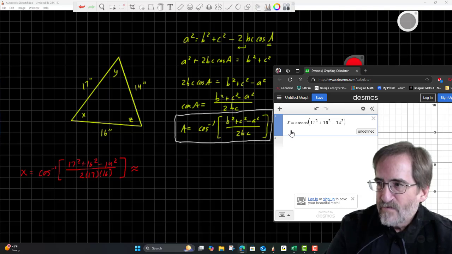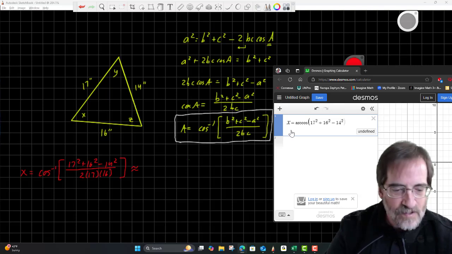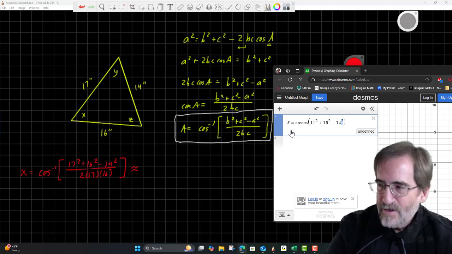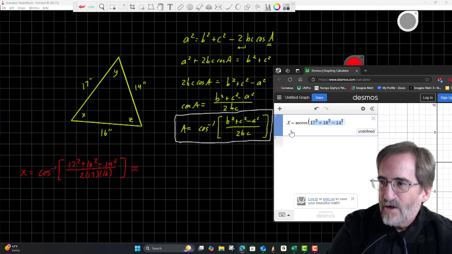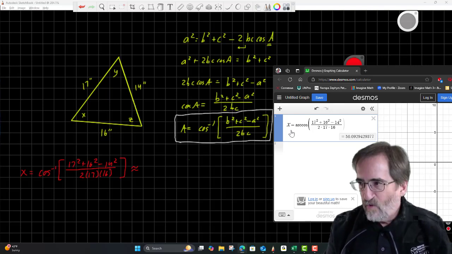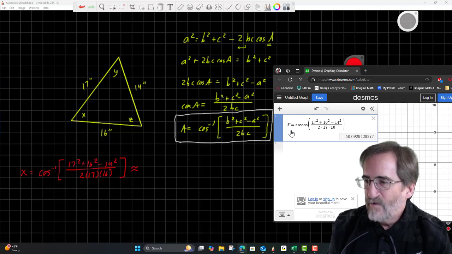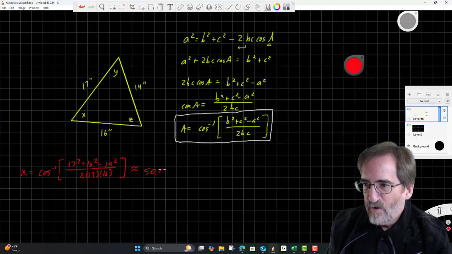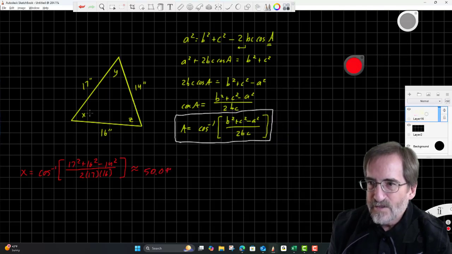Hold down the shift, add caps lock down instead. Hold down the shift and press left arrow until all those numbers are highlighted. Hit divide 2 times 17 times 16. And we get 50.09 degrees. 50.09 degrees is x.